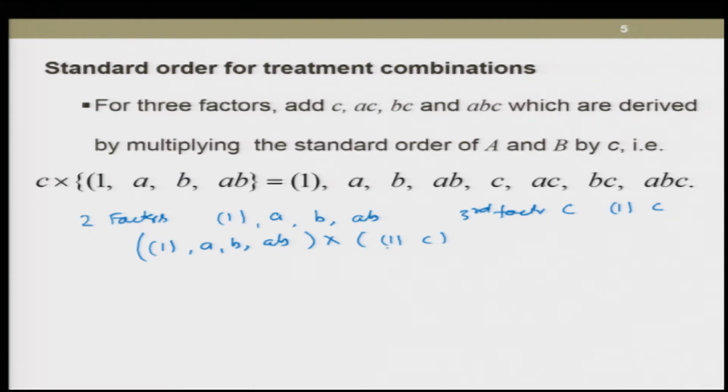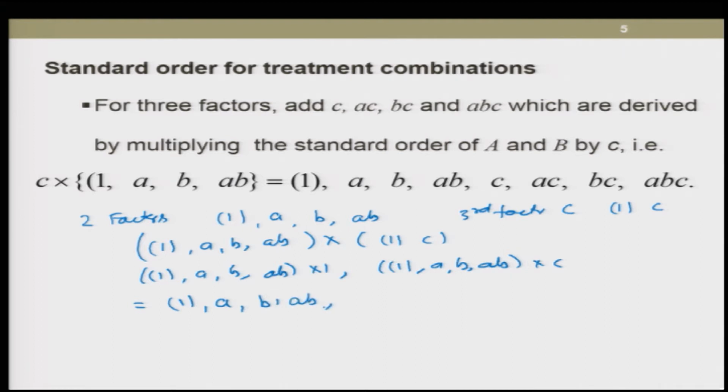So, multiplying by 1 gives 1, a into 1 is a, b into 1 is b, ab into 1 is ab. Now, I multiply by c: 1 into c is c, then a into c is ac, then bc, and then abc.